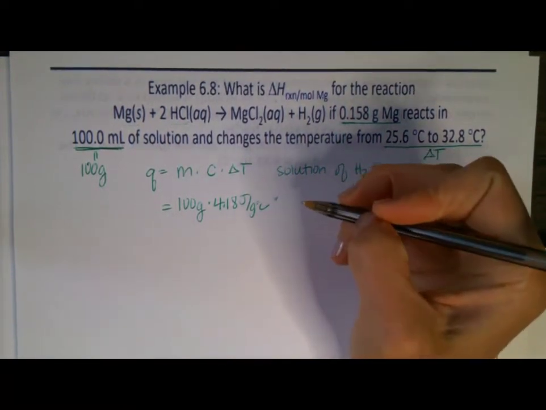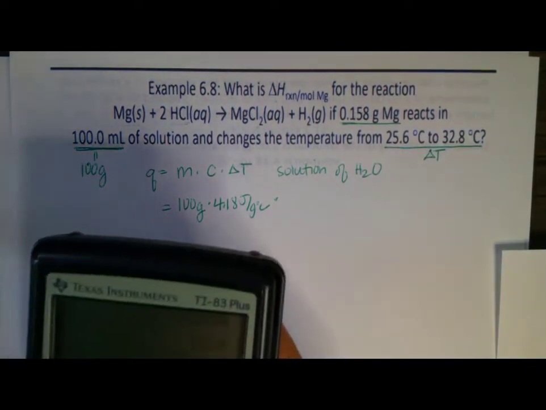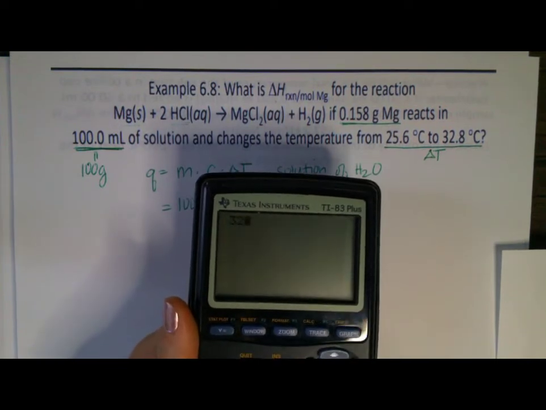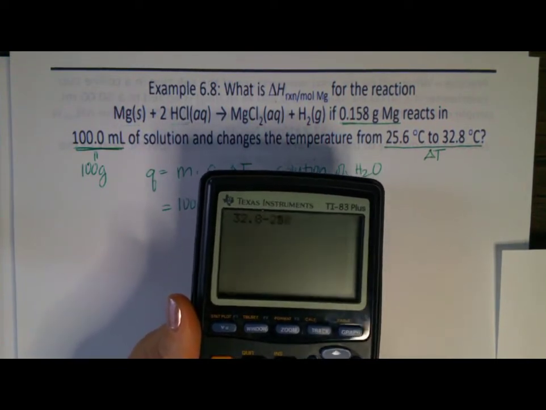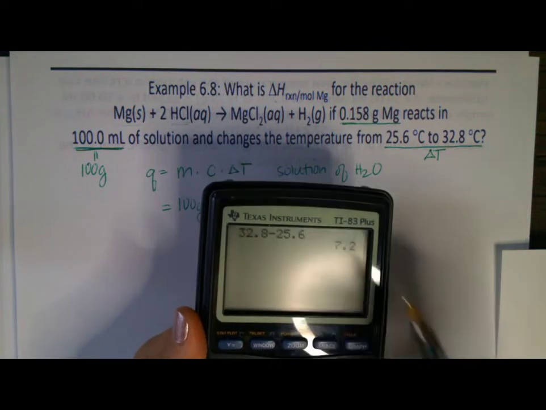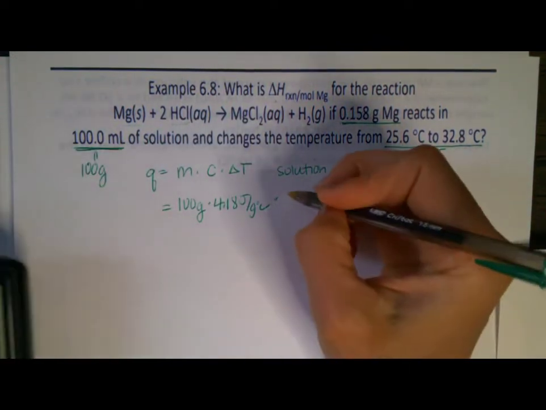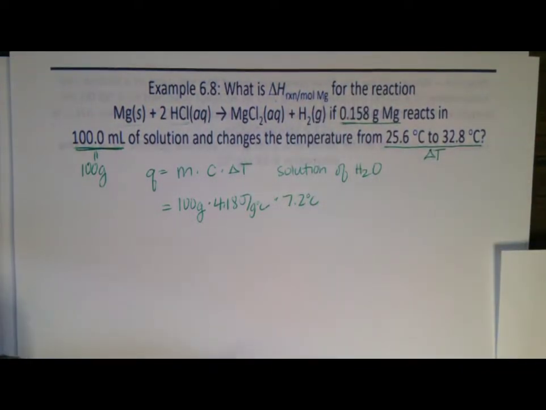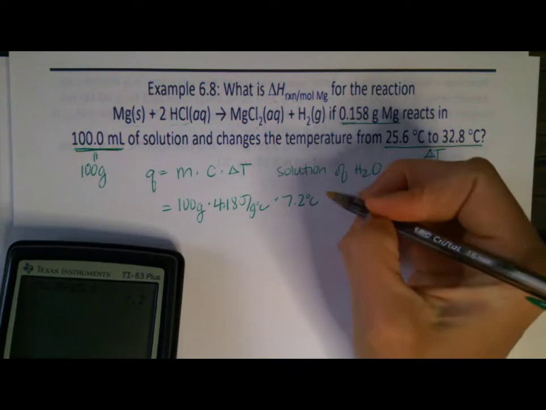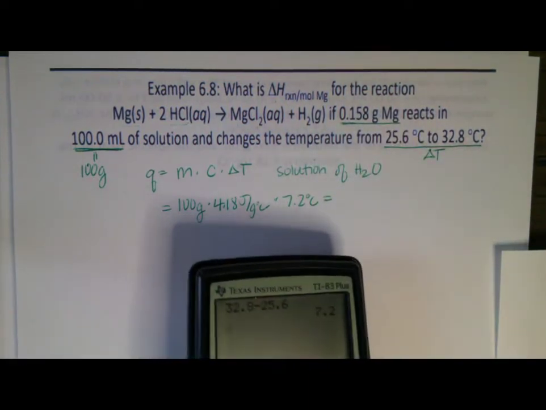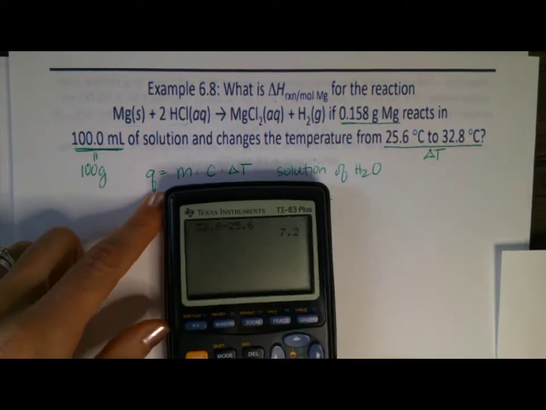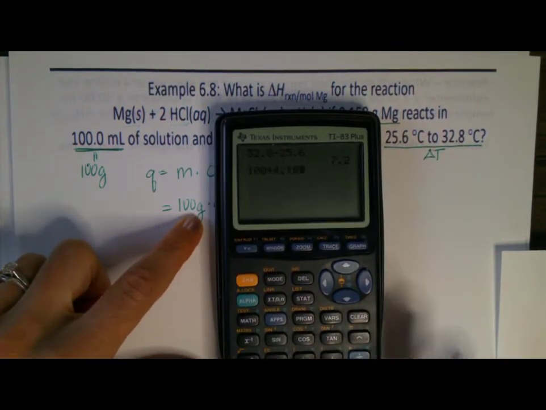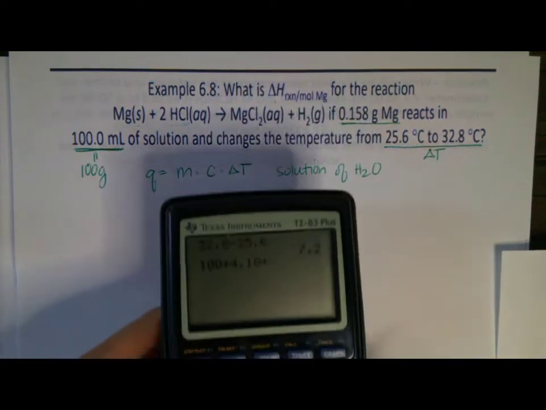And then for my change in temperature, we're going to find that difference: 32.8 minus 25.6 to get 7.2 degrees Celsius for my change in temperature. So let's do that math and see what we get as far as joules of heat. So we got 100 times 4.18 times 7.2.